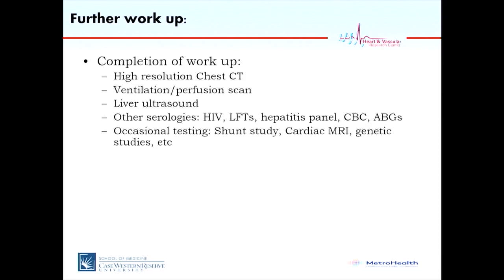In certain situations, we also rule out structural heart problems such as chronic right-to-left shunt, and genetic studies to rule out BMPR2, which is the cause of hereditary pulmonary arterial hypertension.